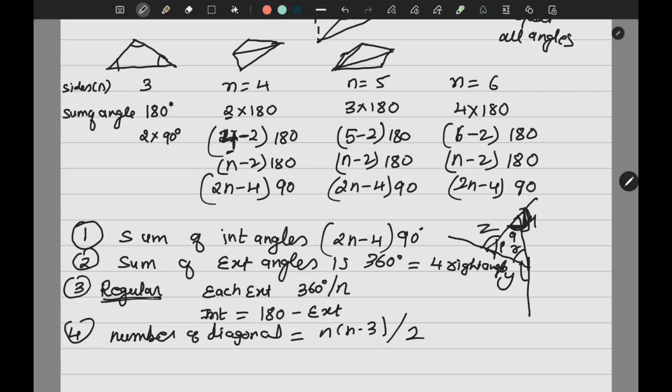If you have any polygon, the sum of the interior angles is (2n minus 4) into 90. Sum of the exterior angles is 360. If the polygon is regular, then each exterior angle is 360 upon n, and interior angle is 180 minus exterior angle. And the number of diagonals is n(n minus 3) upon 2.